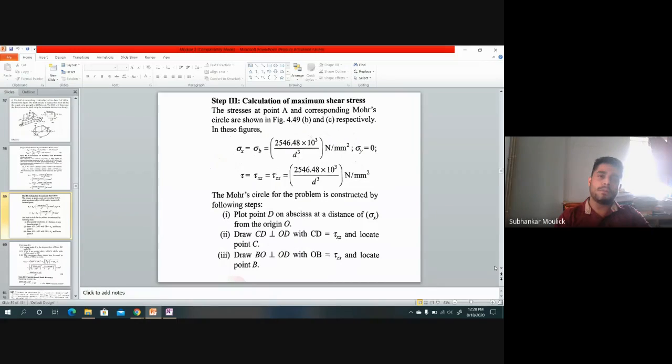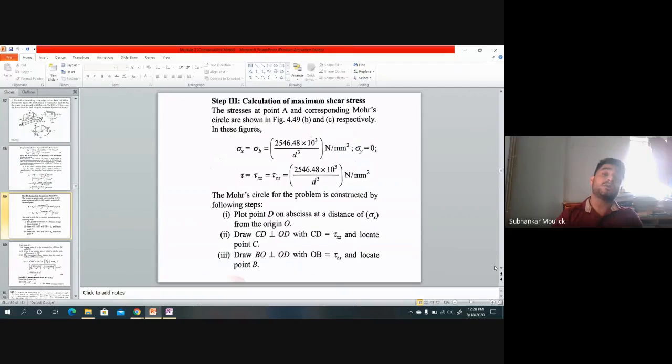You first have to understand what is happening in the problem and act accordingly. First of all, you have to identify whether it is SYT or SUT, by reading the question. Secondly, you have to identify how you have to design this problem, whether you are using principal stress theory, shear stress theory or distortion energy theory. If the question does not specify any theory, then it is your choice, you can use any theory, but that also depends. If it is a brittle material, then always use principal stress theory. If it is a ductile material, then either you can use distortion energy theory or maximum shear stress theory.